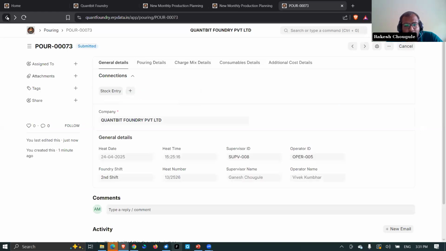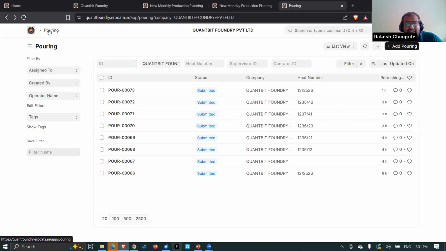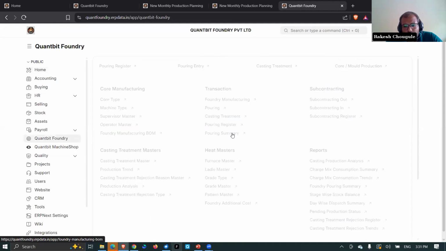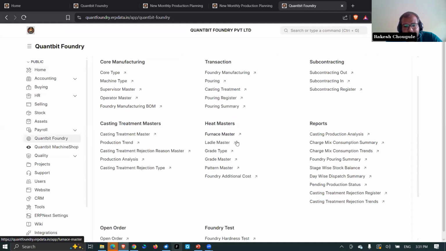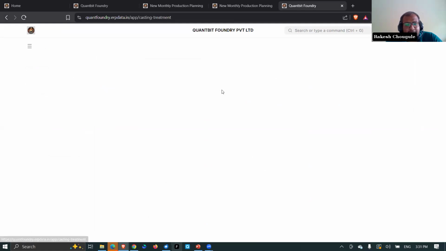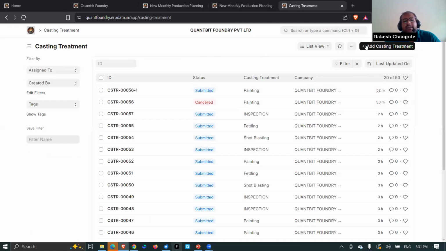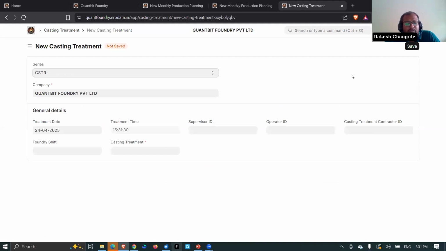After pouring, the next stage is casting treatment, which can be different for each product or each customer. So we will go to the casting treatment. In casting treatment, one of the great things about this software is that we can track all the activities after pouring by its heat entry or heat number.